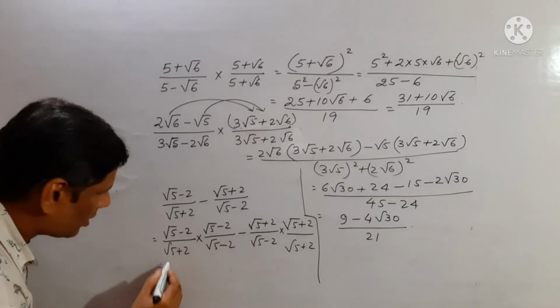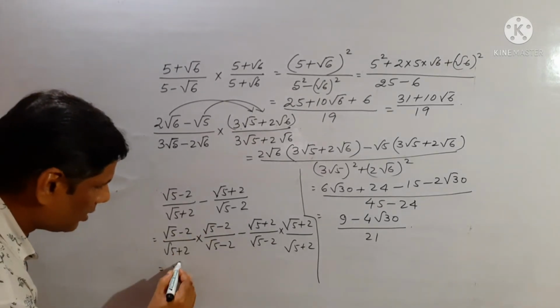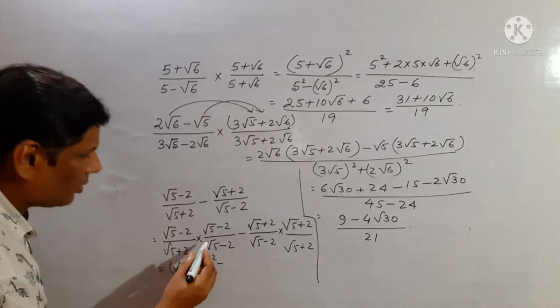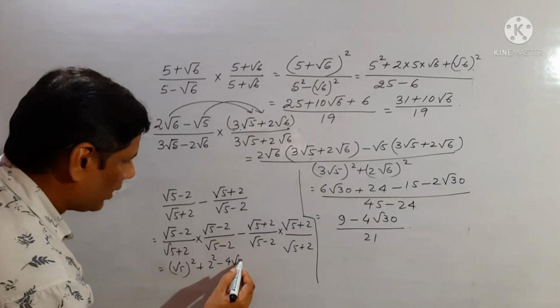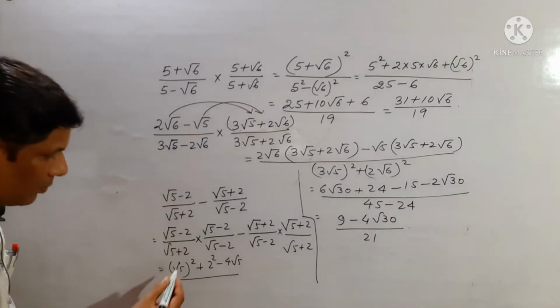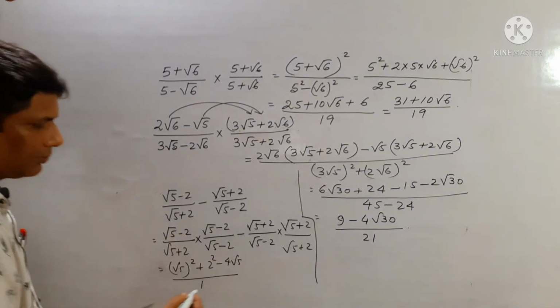So this becomes (a minus b) whole square, a square plus b square minus 2ab, that means root 5 square is 5, plus 2 square, that is 4, minus 4 root 5, over root 5 square minus 2 square, that is 5 minus 4, so it becomes 1.